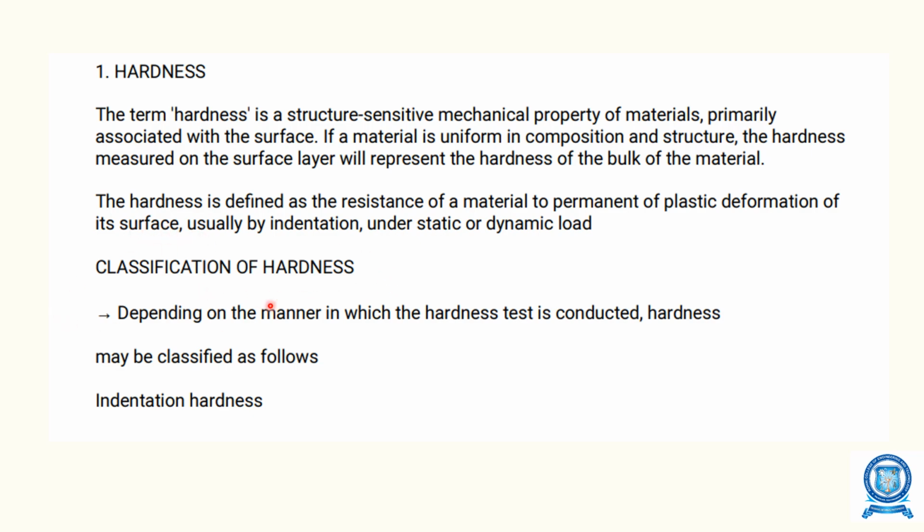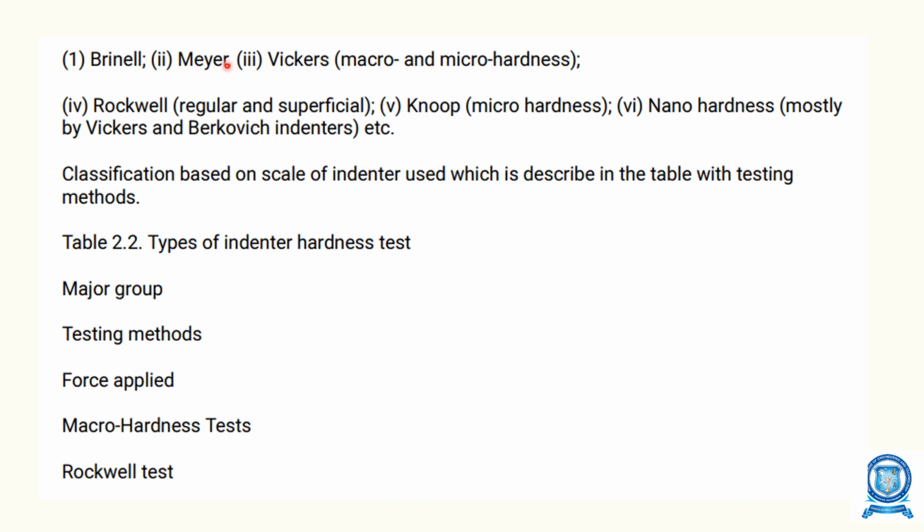Classification of hardness tests: hardness tests are classified mainly into the Brinell test, Vickers test, and Rockwell test. The main difference between these three tests is the indenter. We use different indenters for different kinds of testing, like Brinell, Vickers, and Rockwell.